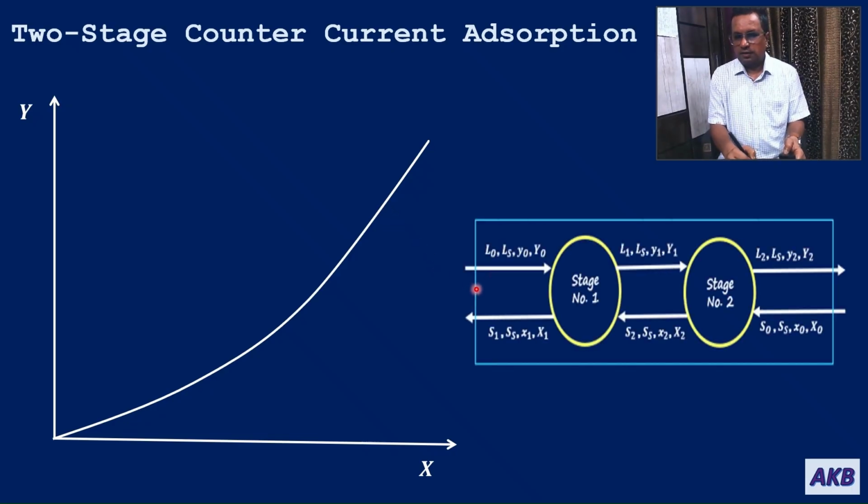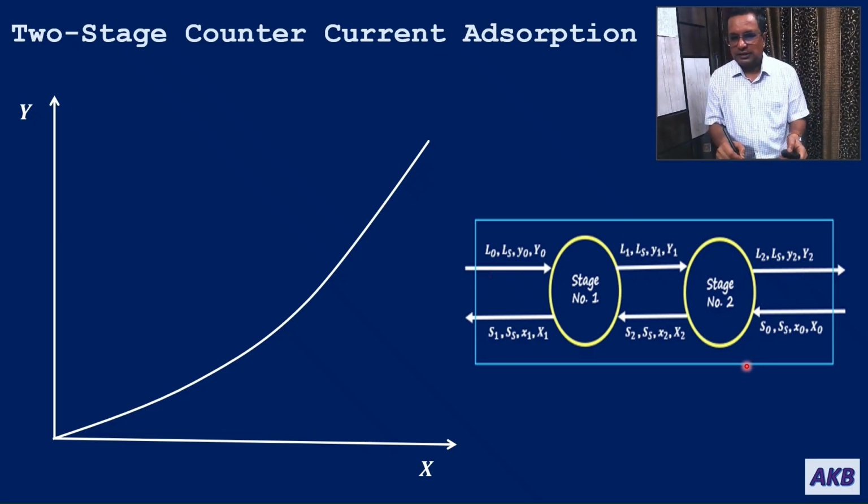Now let us follow this operation on this equilibrium diagram. That is, let us plot the operating line. For the liquid solution, you can see it enters into the first stage. The concentration of the entering liquid solution is capital Y0, and then it comes out of stage number 2 with a concentration of capital Y2.